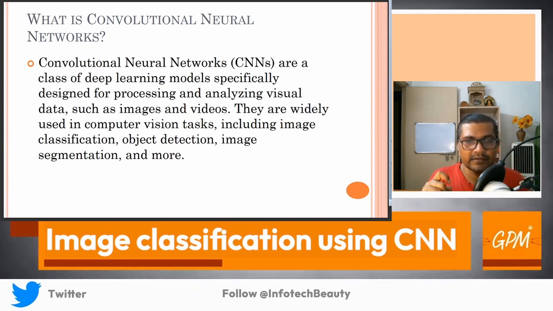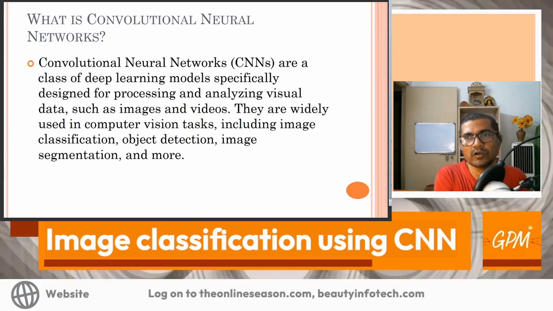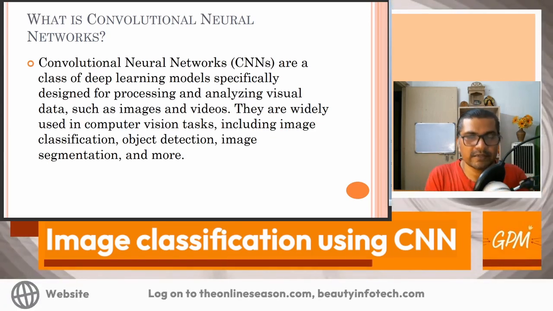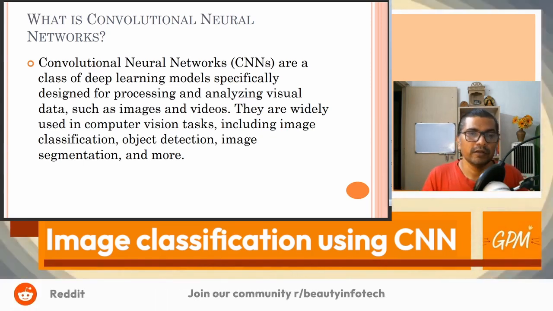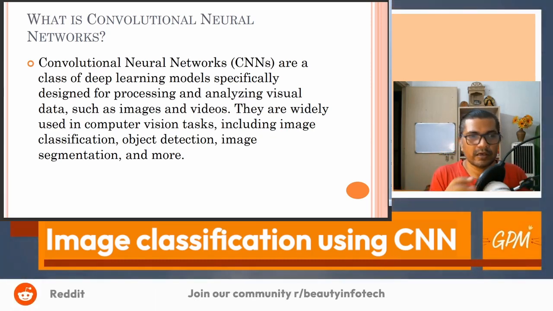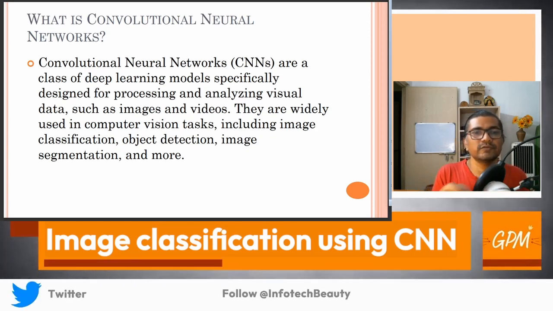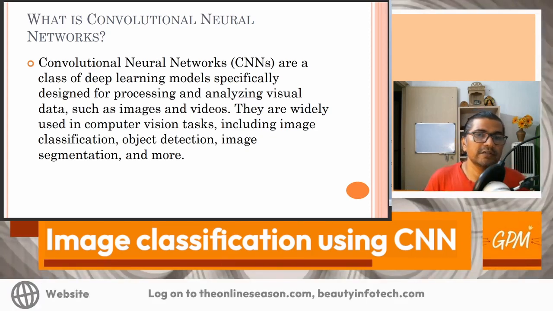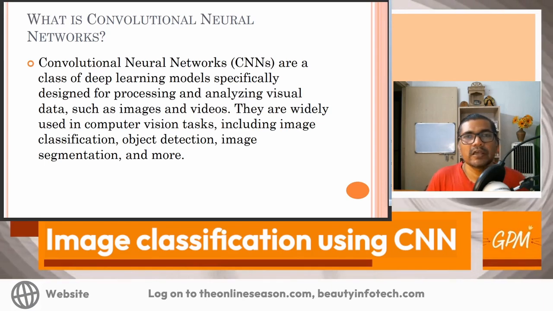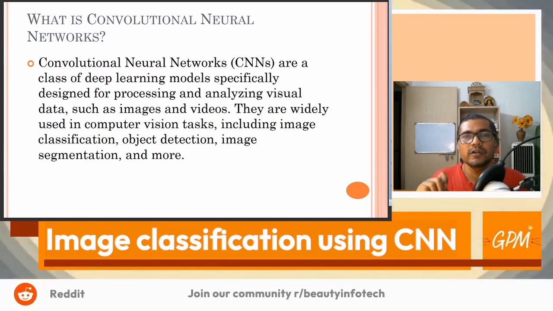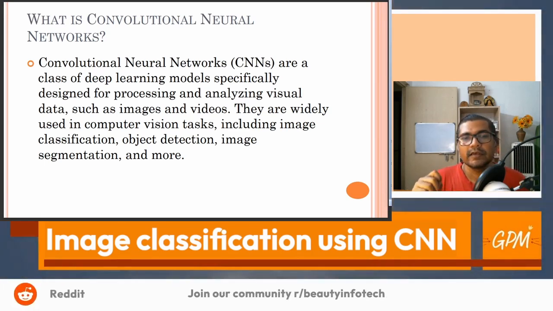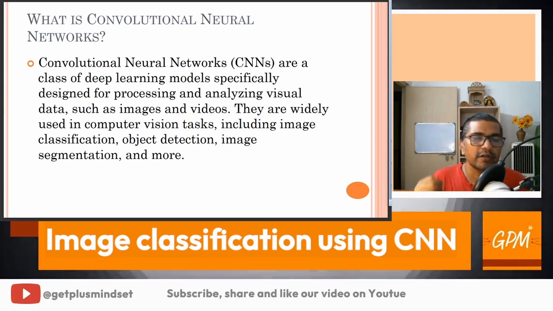In deep learning, there is one input layer, there are several hidden layers, and then you get the output layer. Inside the hidden layers, you have convolutional layers and pooling layers, and these layers allow the network to efficiently detect local patterns and features in the input, and also reduce the computational complexity and the number of parameters in the model.